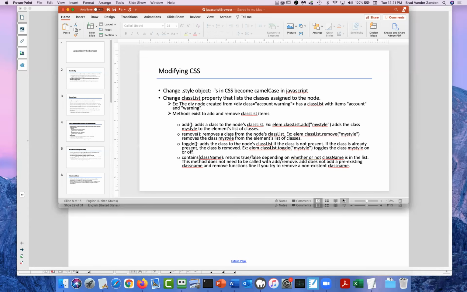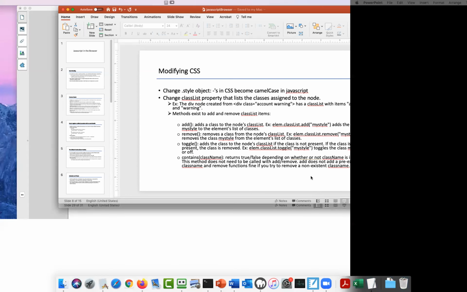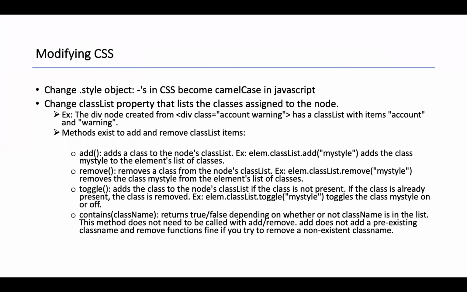Now, the other way to do things is to modify the classList property assigned to a node. So for example, I have div class equals "account warning", and it will have a list or array associated with it with the two items account and warning.